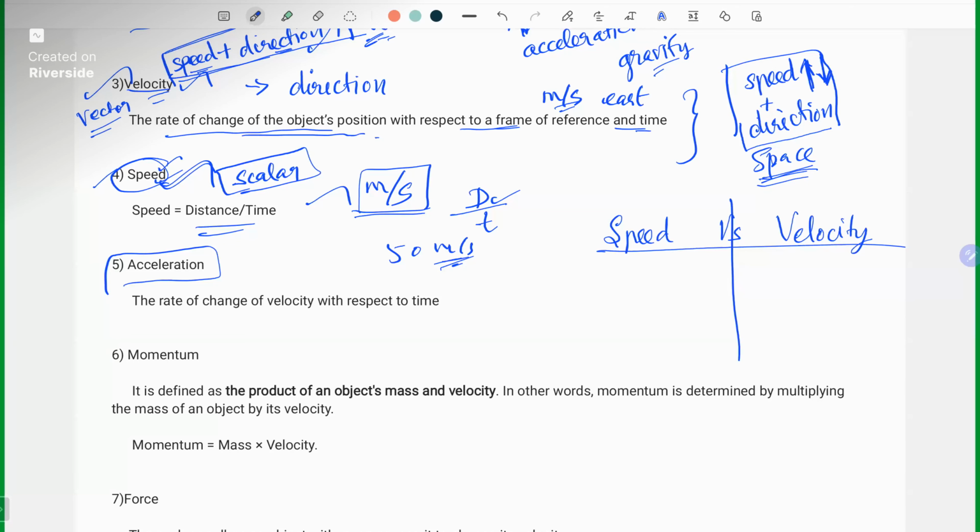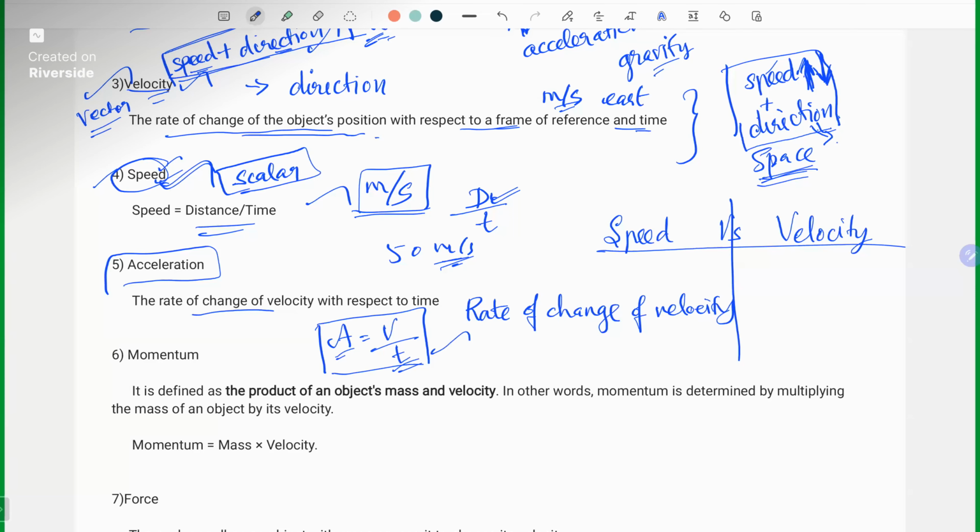Or else when there is a change in direction, when there is a change in speed, whether it increases or decreases, or when there is a change in direction, acceleration will come into play. Okay. So acceleration is nothing but the rate of change of velocity. Speed is nothing but rate of change of distance. Similarly, acceleration is nothing but rate of change of velocity.